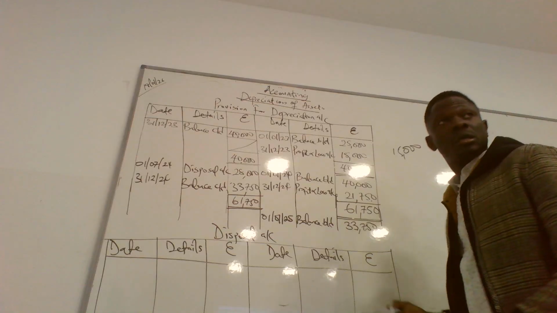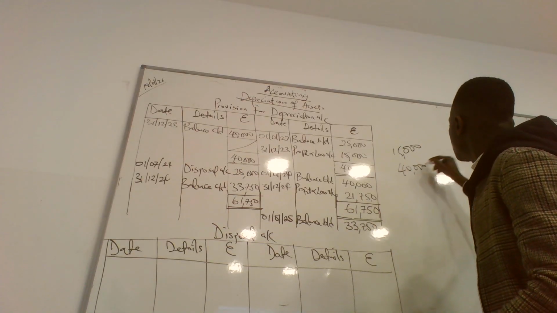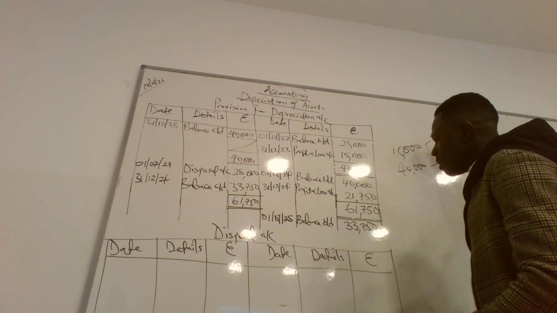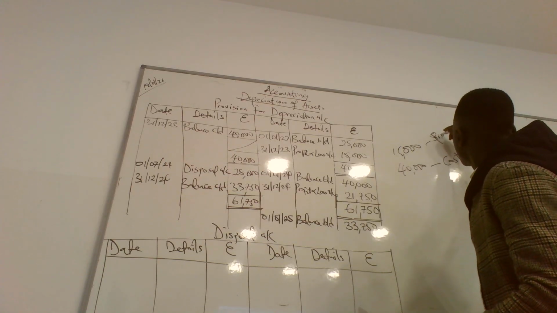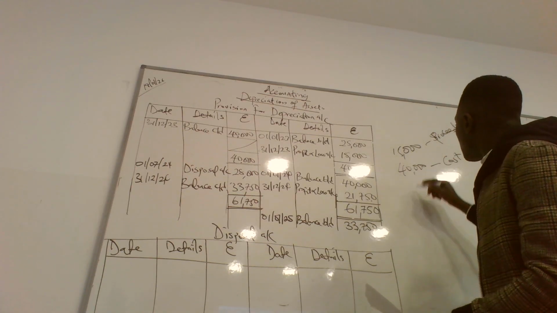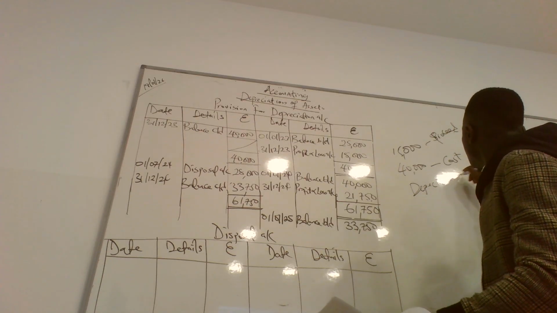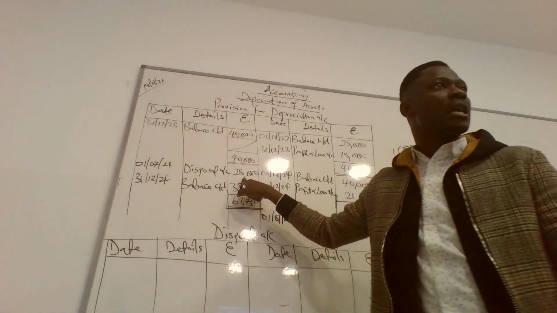A van which had cost 40,000. This is the cost price, and sold for this. And on which depreciation had been charged at 28,000. This is the proceeds. The depreciation is how much? 28,000. We talked about that already. That is the depreciation for the disposal account.